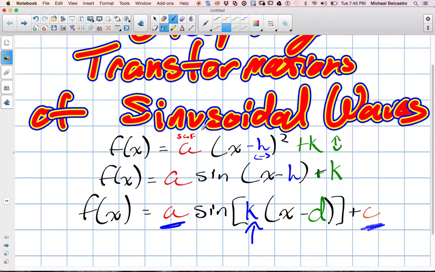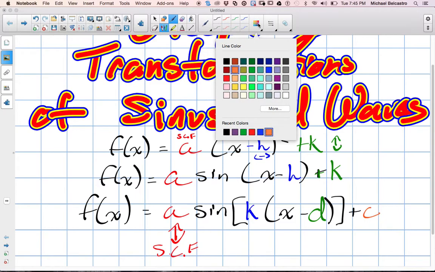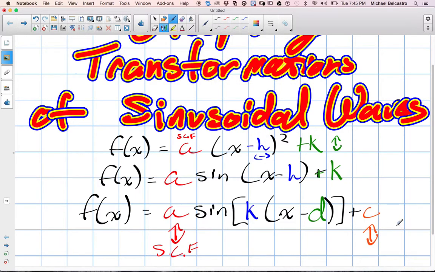So we'll write them out. A is vertical, still exactly the same: stretches, compressions, and flips over the x-axis. C is vertical movements, so plus is up and negative is down. That still makes sense.